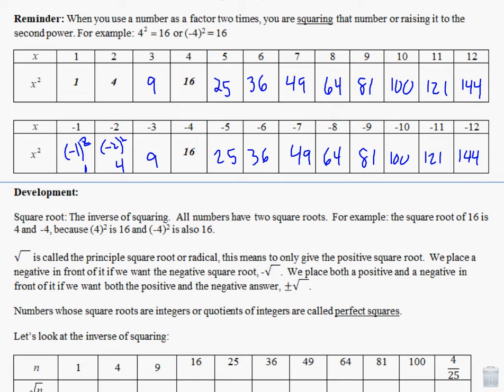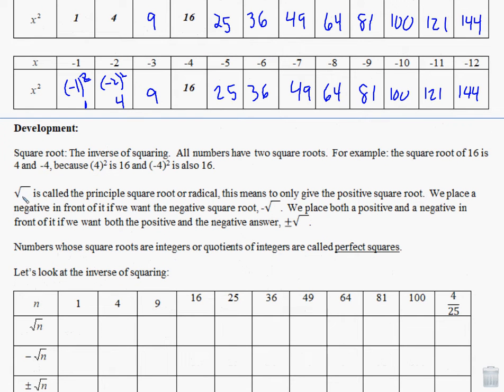Now it's very important to know the symbol for a square root, which is this funky little division sign, but really it's called the principal square root, and that's so important to understand that a principal square root only means to give the positive answer. So if I use this symbol, so if I were to go down to this chart and ask you what this is, the answer is 2. It's not -2 because this is the principal square root, which means just give the positive answer.